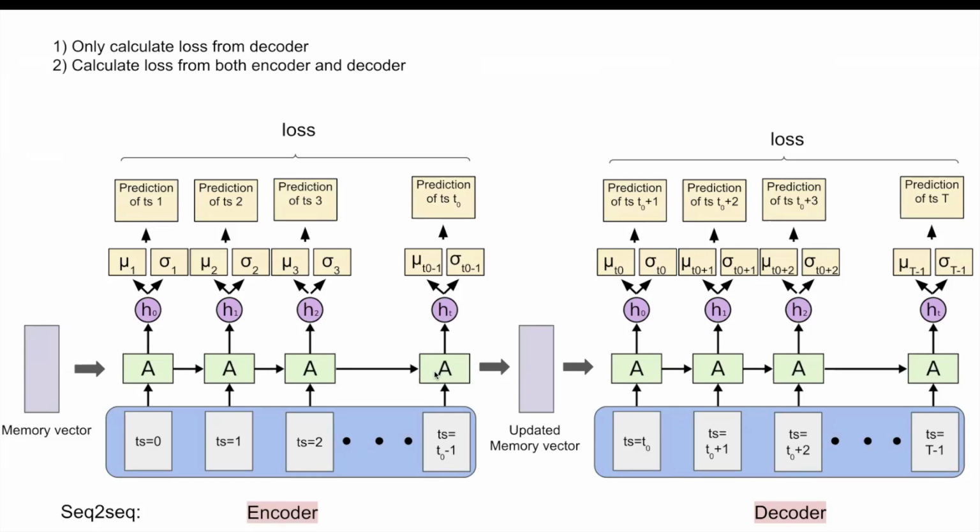Or you can try to use a different RNN in the forecast horizon that's different from what you use in the context range. So you can try all those combinations and see which ones work the best.